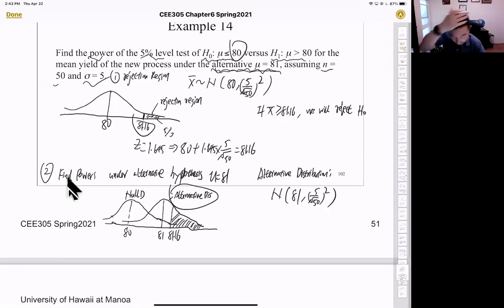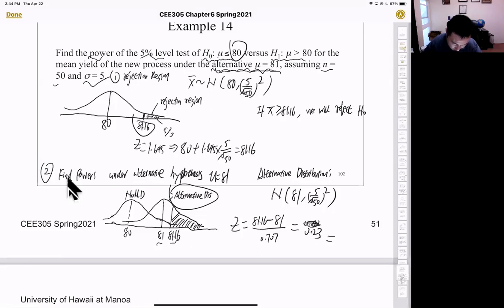How to do that? Still, we calculate the z-score for the value of 81.16 when the mean value is 81. The z-score is only 0.23.